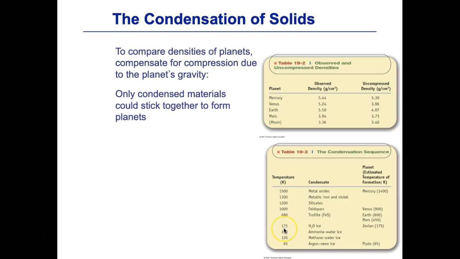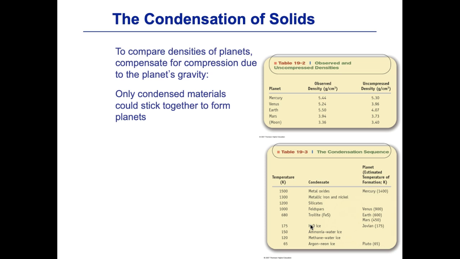Water ice's freezing and melting point is 175 Kelvin, which is about 0 Celsius and 32 Fahrenheit. So this is an important step. The condensation of water is key in the formation of Jovian-like planets like Jupiter.